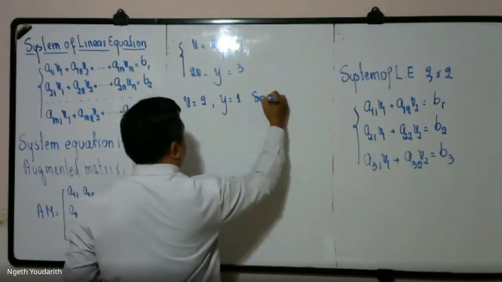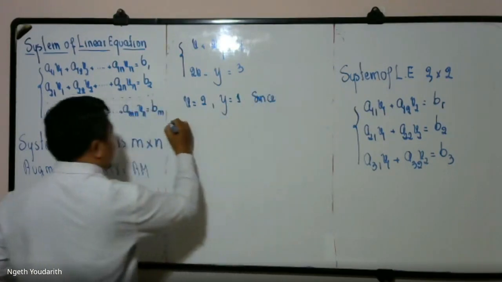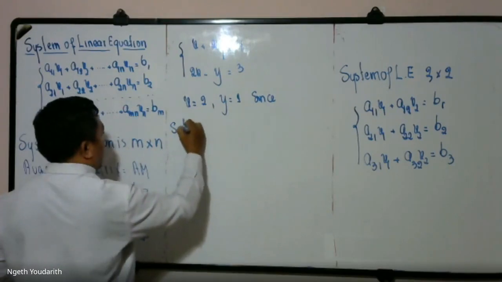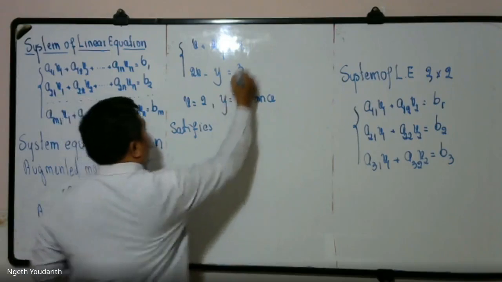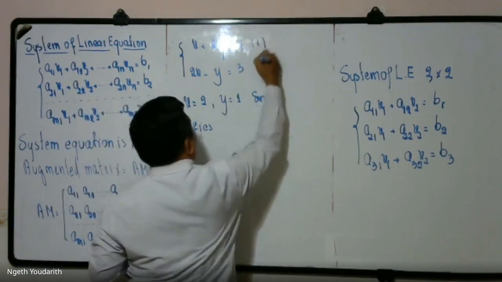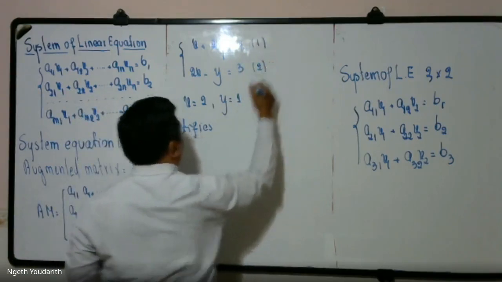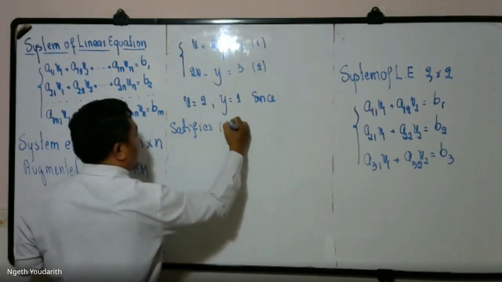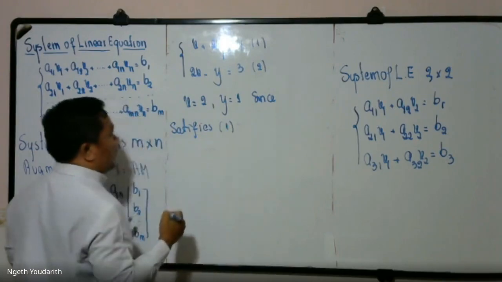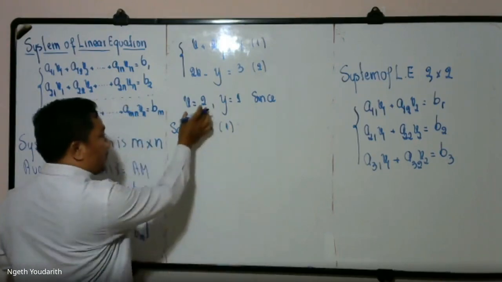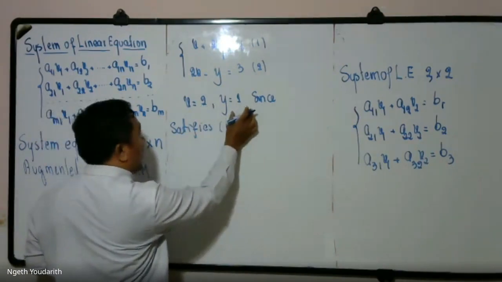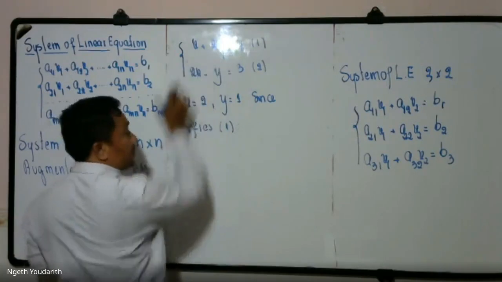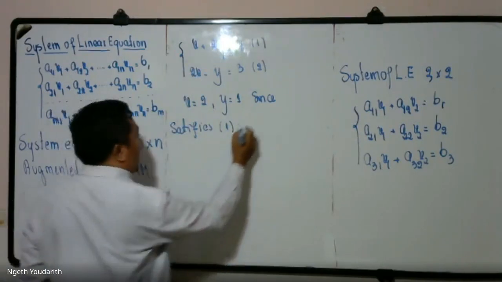Let's certify this. This one is equation 1 and this is equation 2. When you substitute this value of x and this value of y into equation 1, what can we get?